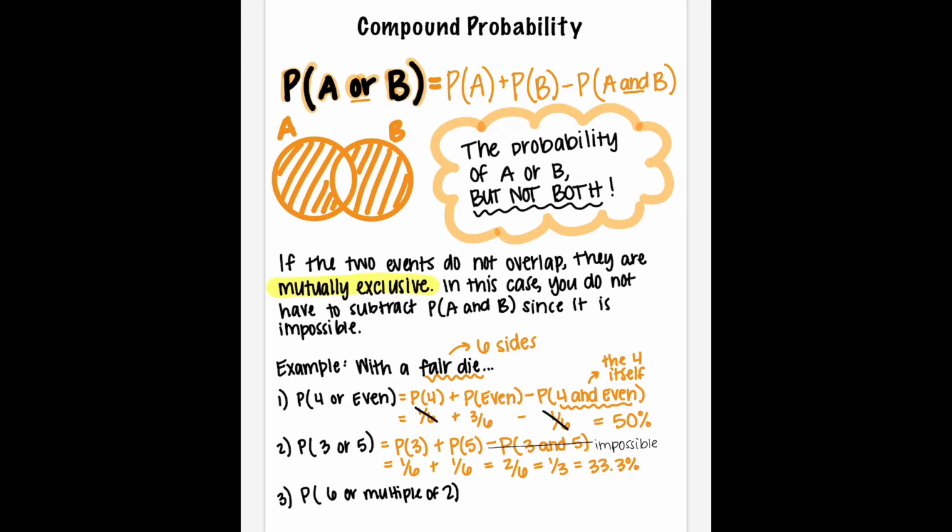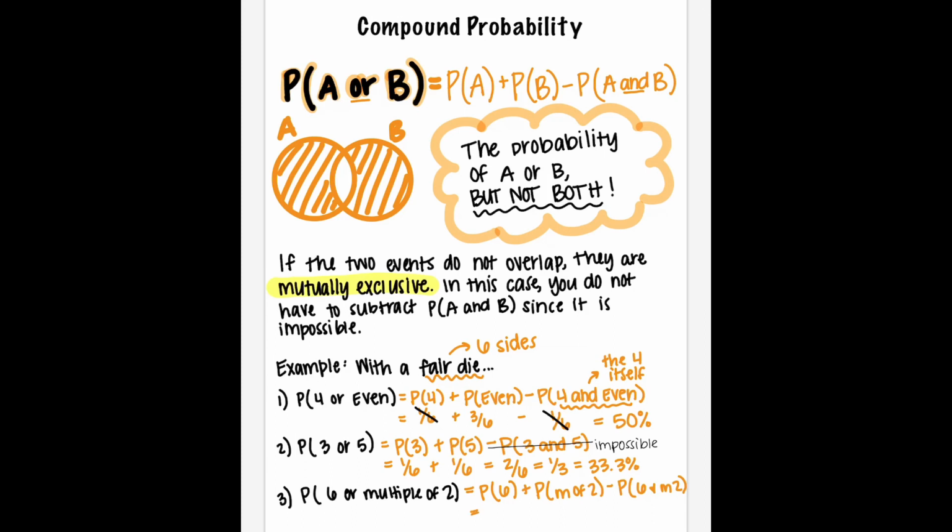Okay, and number 3, the probability of rolling a 6 or a multiple of 2. All right, well, let's look at the probability of rolling a 6 plus the probability of, I'm just going to say m of 2 for multiple of 2, minus the probability of 6 and multiple of 2.